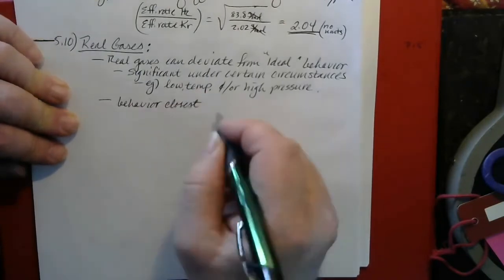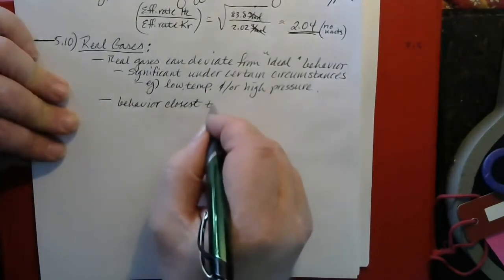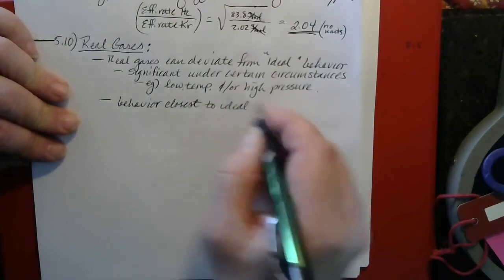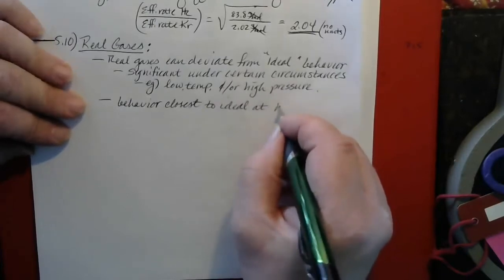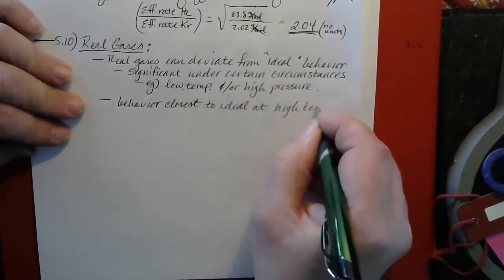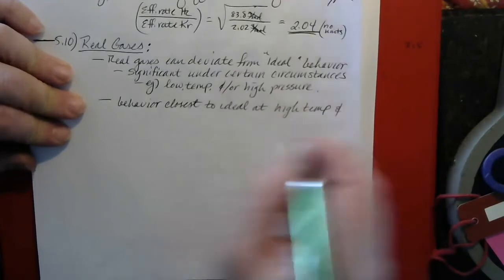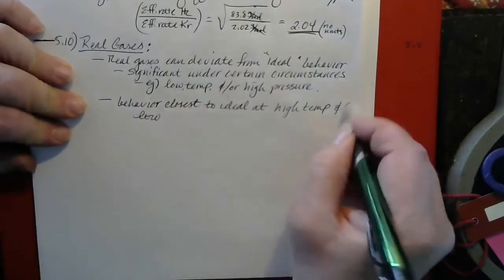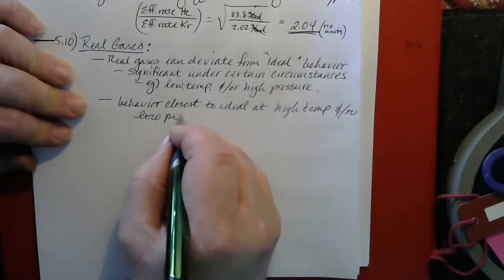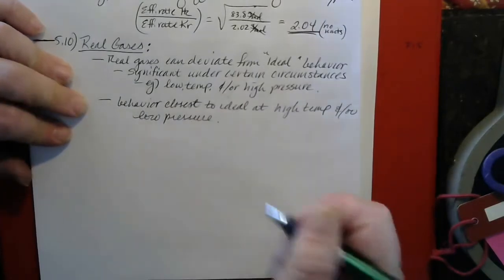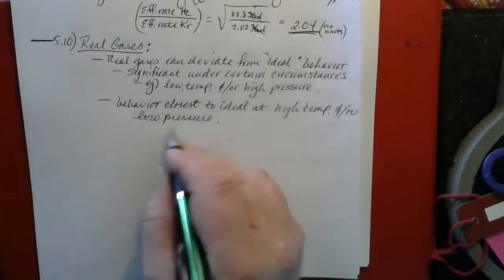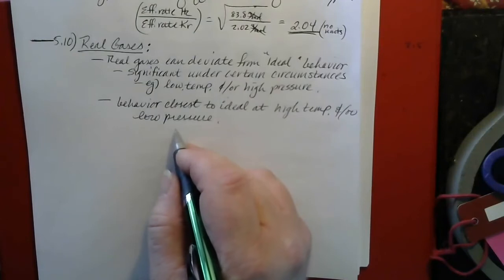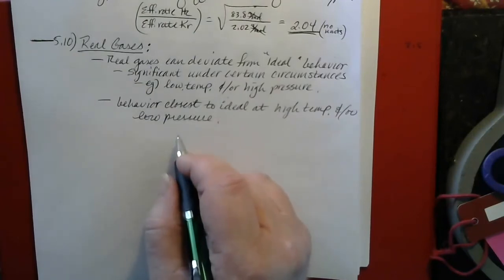Real gases' behavior would be closest to ideal under conditions of high temperature and low pressure. And again, exactly how high the temperature has to be or how low the pressure has to be for a gas to behave ideally will depend on what the gas is.